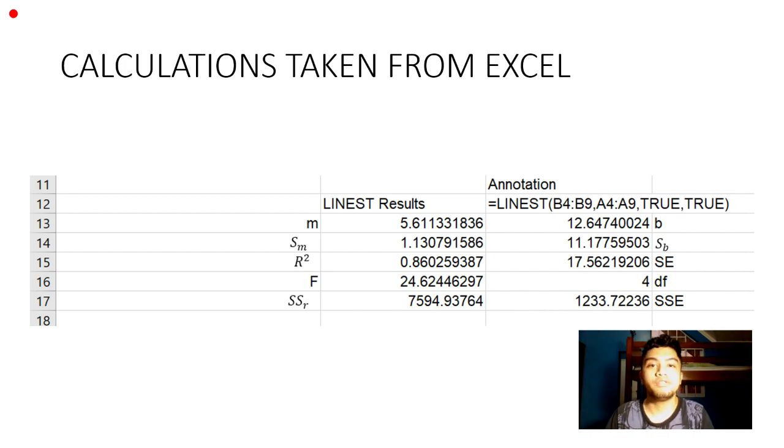If the r squared is equal to 1 or close to 1, an example is 0.999, therefore it is linear. If it is not close enough to 0.999, therefore it is not linear. In this equation, since the value of r squared is 0.8603, this equation is not linear.